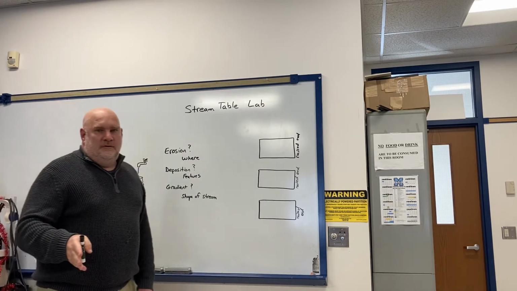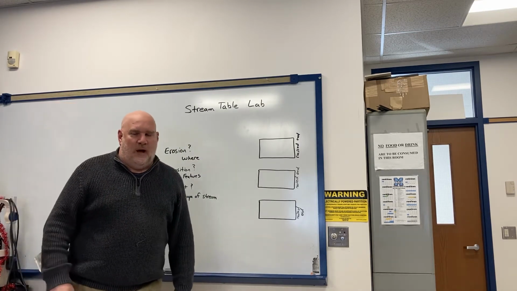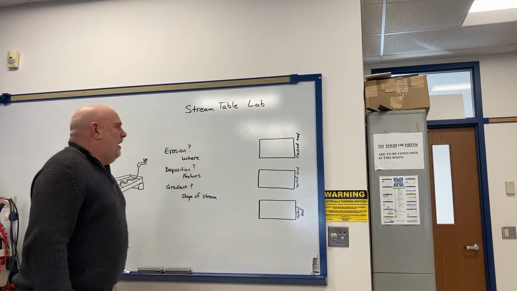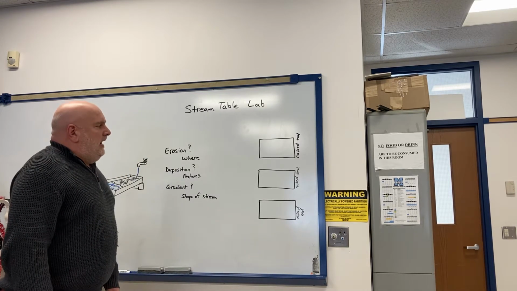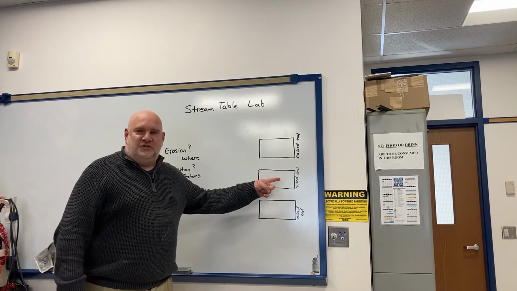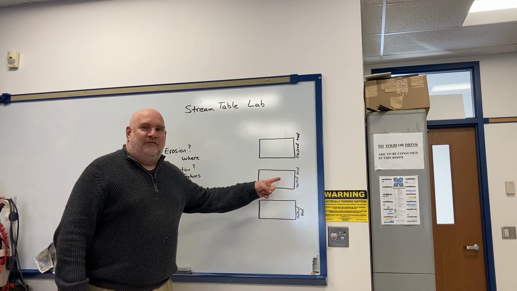Then I'm going to let the water run for a while and we'll watch what happens. And you're going to draw how the stream channel changed after some erosion has taken place.